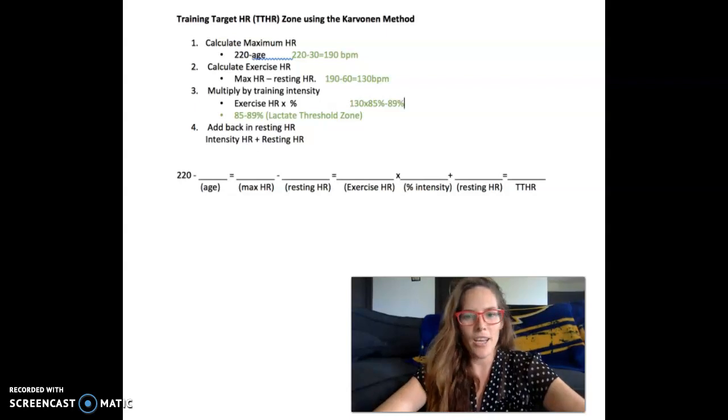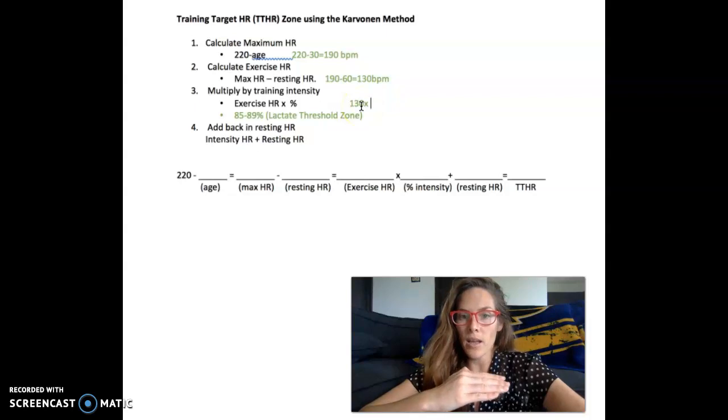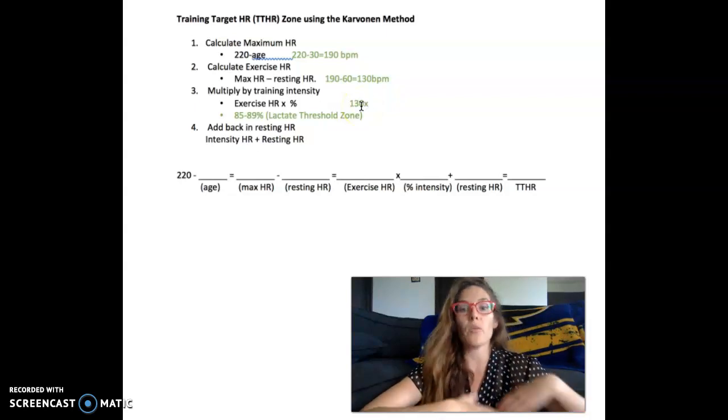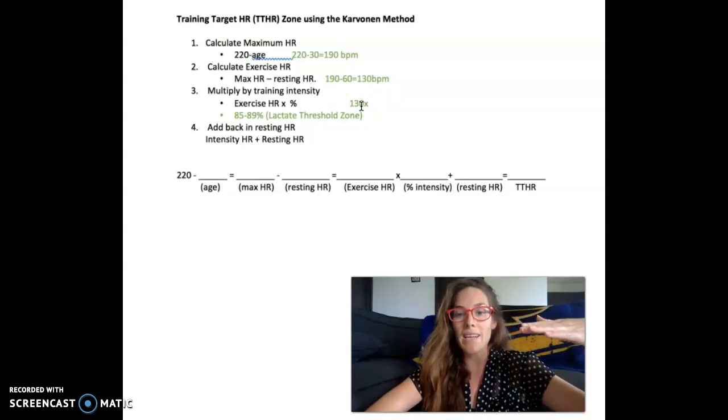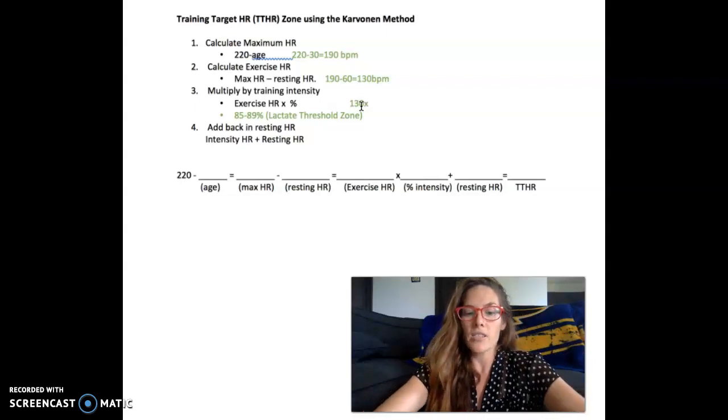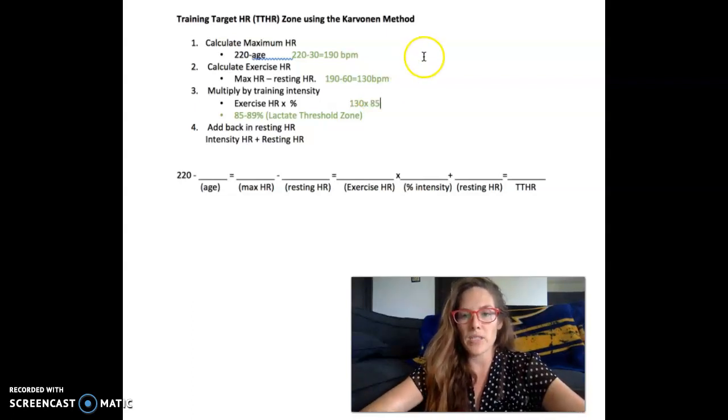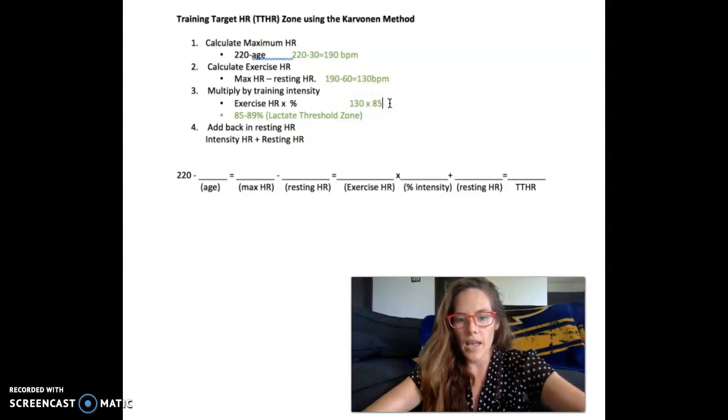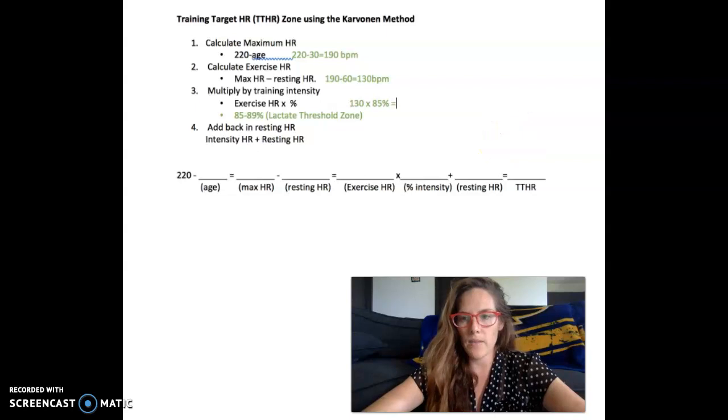No, that's not calculable. So we're going to split this into two parts. We'll calculate the lower end, the 85%, and then do a second calculation with the 89%, the higher end. So we'll multiply 130 by 85%, and what will that give us?